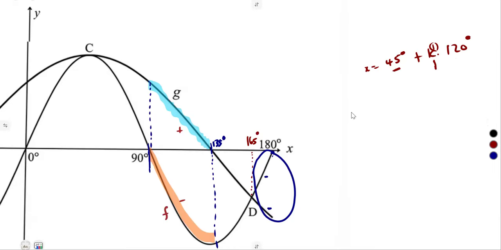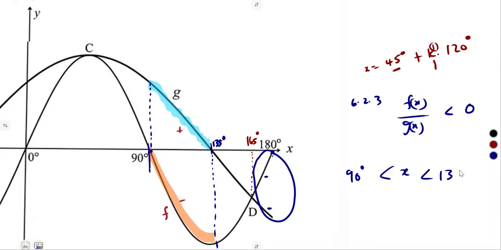So that's our 6.23 done. Just, guys, let me rewrite what they gave us. It's less than 0. There is no equal to, so we're not going to have equal to in our answer. So x must be greater than 90 degrees, but the same x must be less than 135 degrees.